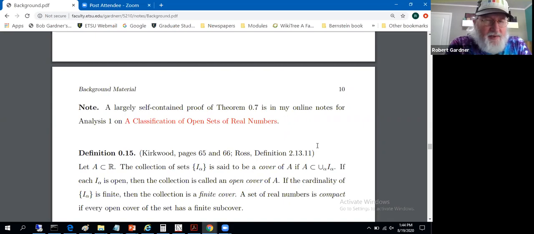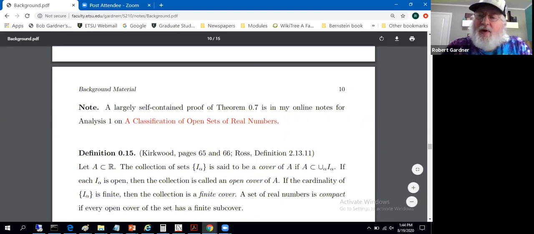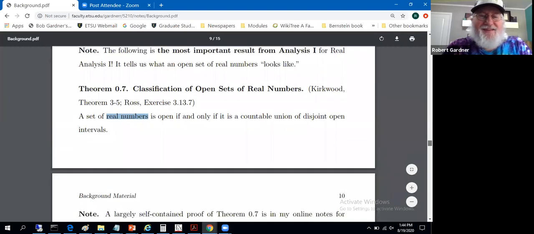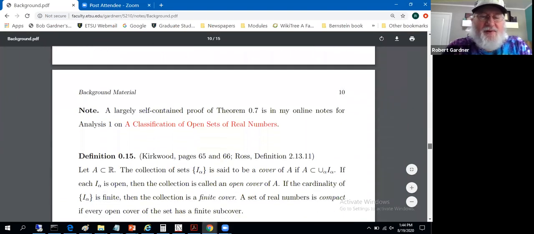And you're in an analysis class, and analysis is all about open sets. Not every open set is an open interval, but open intervals make up open sets of real numbers in this sense right here. Just hate to leave it behind us. Theorem 0.7.